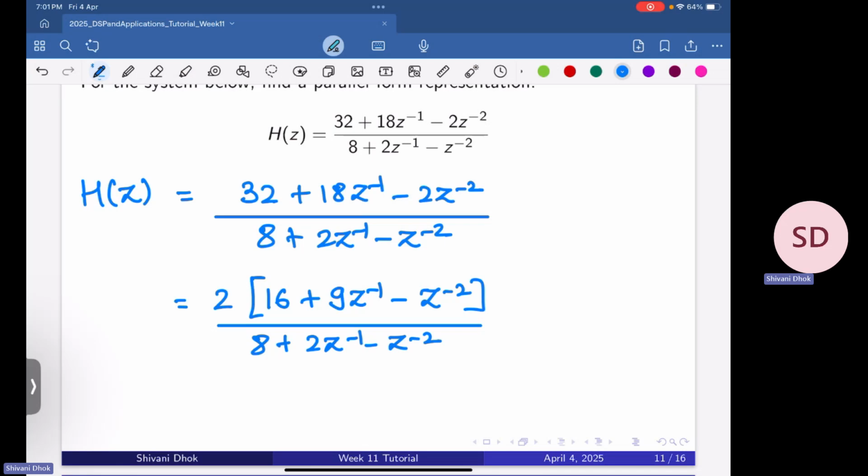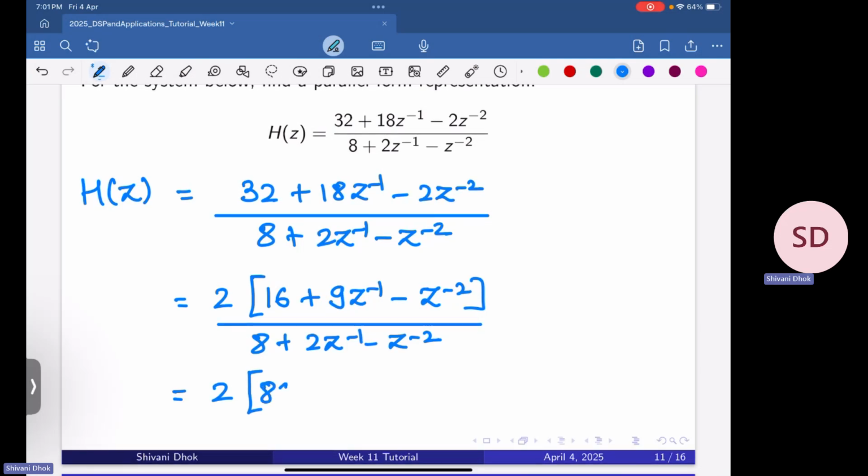Now I'll try to play with the numerator of this system, and for that we will split it into two parts. We'll write this as 2, then this 16 we'll split into two parts, that is 8 plus 8.